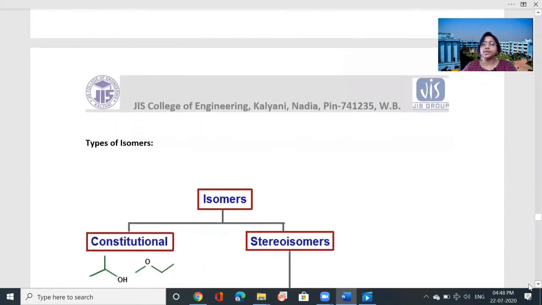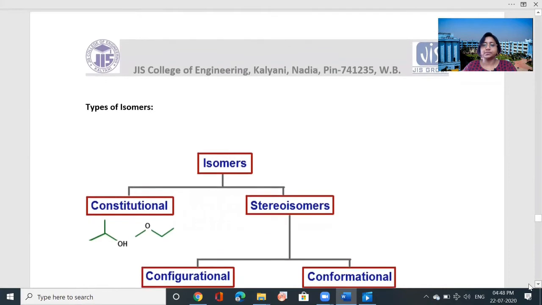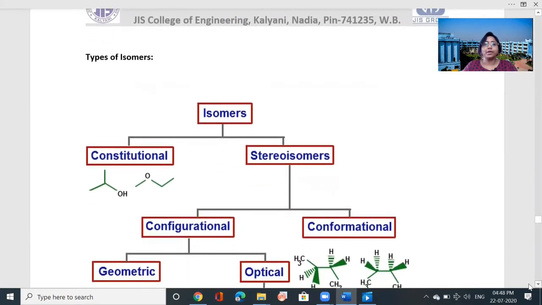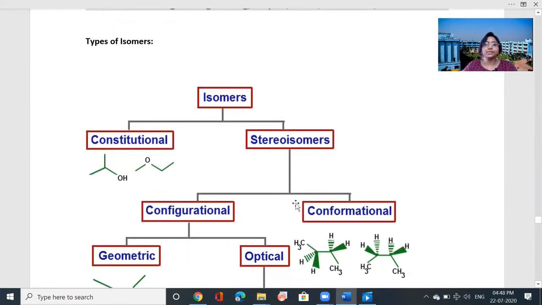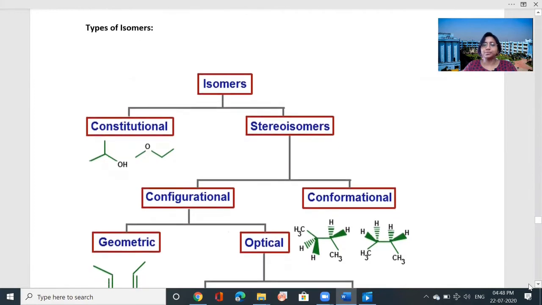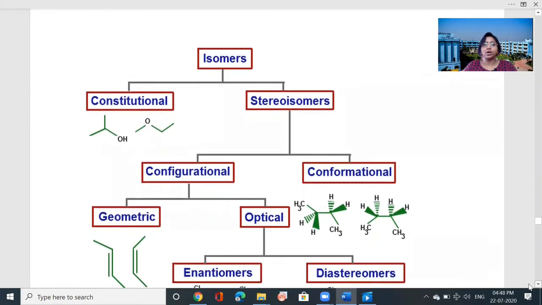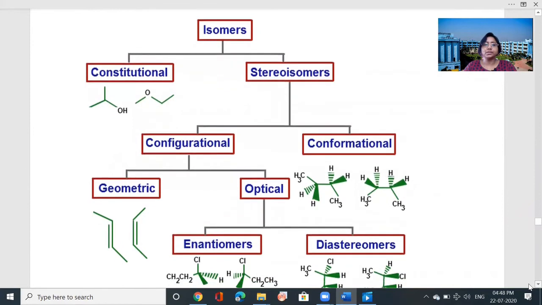Next is the cis and trans isomers. To explain this, we must know the types of isomers that you have already learned. Isomers are mainly of two types, constitutional isomers and stereoisomers. Constitutional isomers can also be called structural isomers, and stereoisomers are of two types, configurational isomers and conformational isomers.